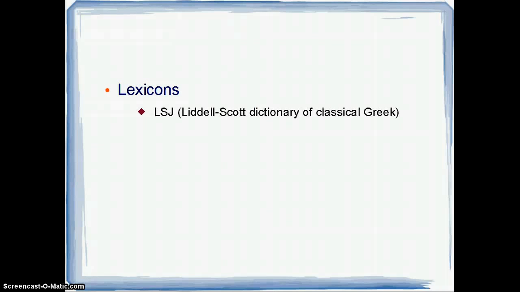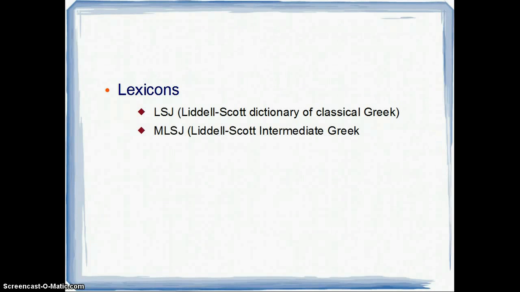Now, as far as lexicons go, I would recommend just a couple of them to you. I would recommend the Liddell Scott Dictionary of Classical Greek, as well as the MLSJ, the Liddell Scott Intermediate Greek Lexicon. These lexicons cover the usage of Greek words, not just in the New Testament, but outside of the New Testament as well. And there's a little resource that I actually didn't put in this, called New Testament Resources, and it's that Word Modules download.